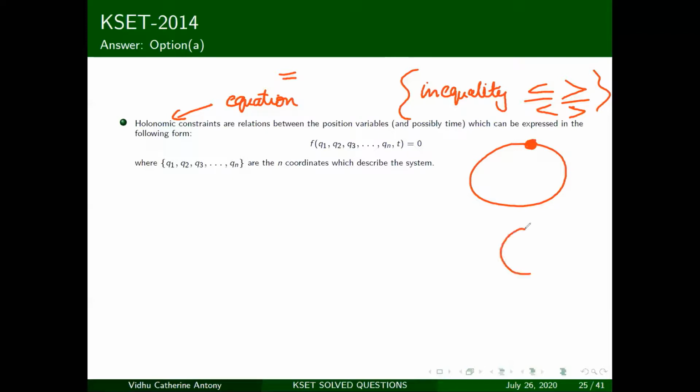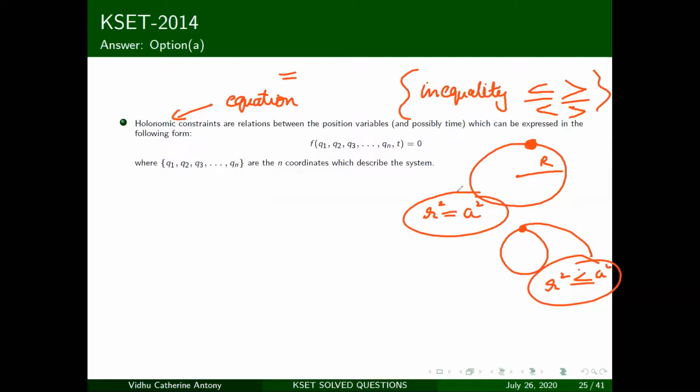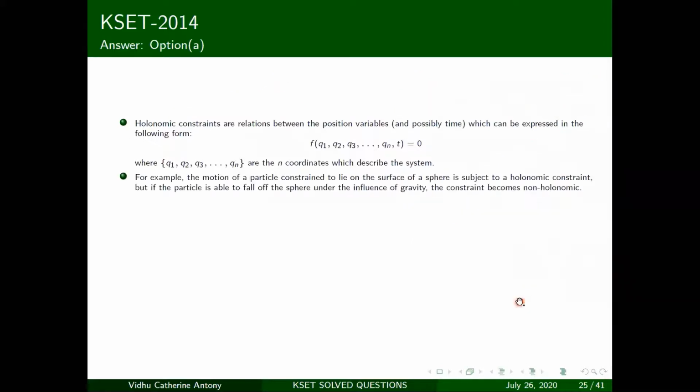Or another example is a ball falling off a sphere. If this is your radius, you have something like r squared equal to a squared. And if the ball can fall off, your r squared should be less than or equal to a squared. So this is your holonomic and this is your non-holonomic. That's the example given here.